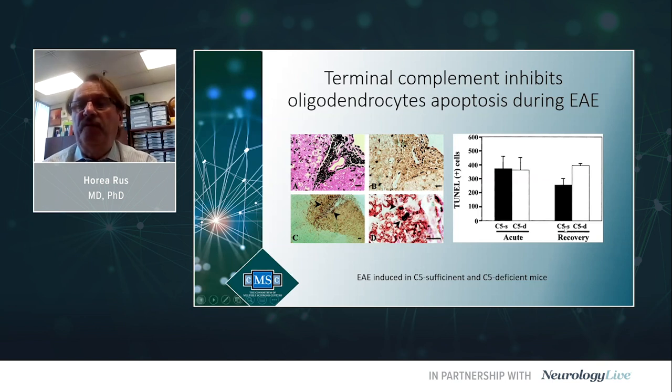And in the recovery phase, there's a significantly lower number of apoptotic oligodendrocytes in C5 sufficient mice. And this suggests that the presence of C5b29 protects oligodendrocytes from apoptosis.